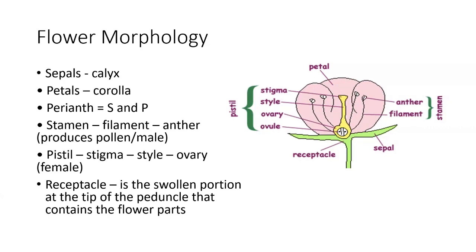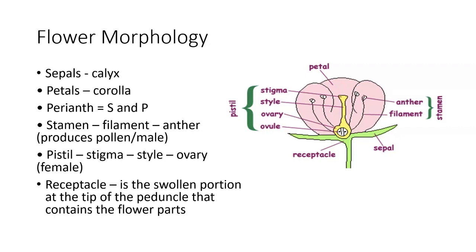The female part is known as the pistil. The way I remember that is Annie has her gun. She's got her pistol. Annie has her pistols. And it's made up of the stigma, style, and the ovary. The stigma is going to be the top part. Oftentimes this is sticky, and the reason it's sticky is because it's where the pollen is able to attach itself to the pistil.